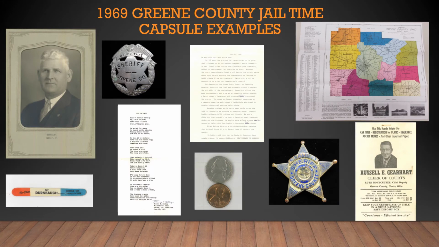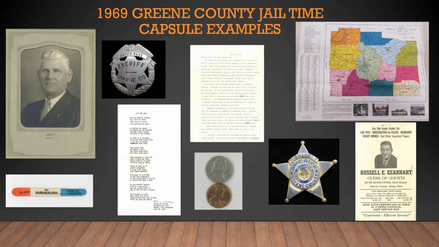Now let's look at some items from the 1969 Greene County jail time capsule. Again, we're going to take about 5 to 10 minutes to review these items. And again, I want you to take note of the following. These questions are a little bit different. They're still in your packet so that you can write down your answers there. So think about these questions.